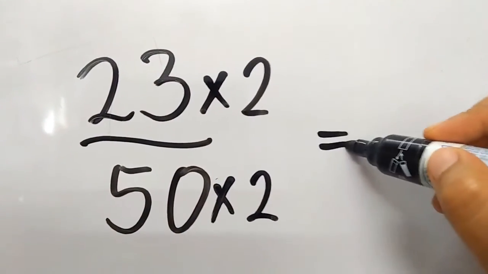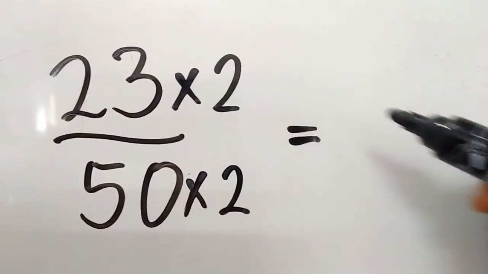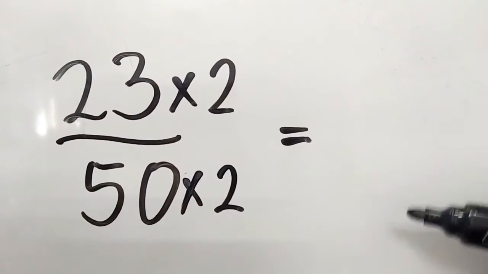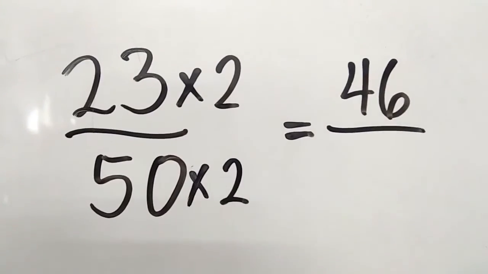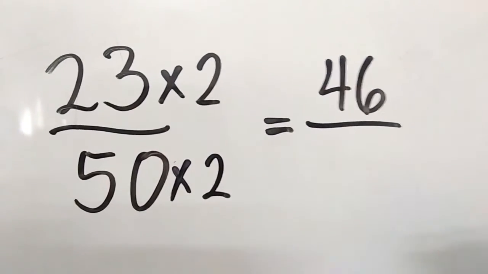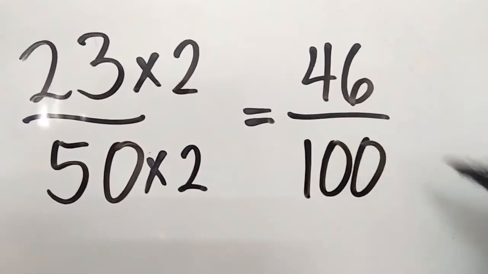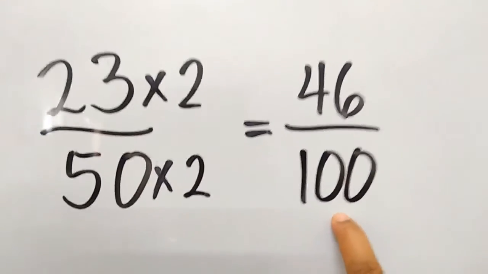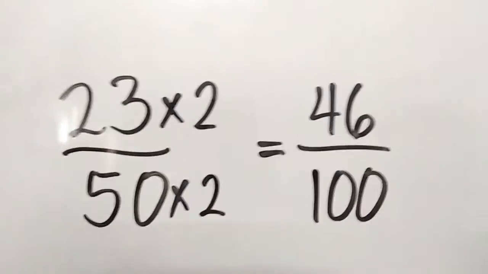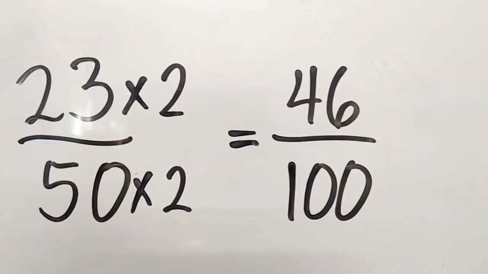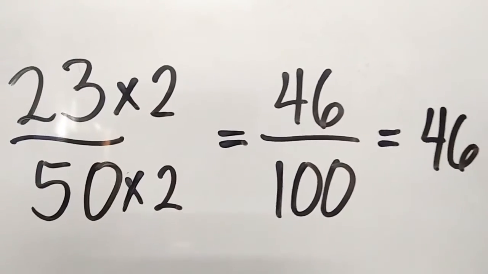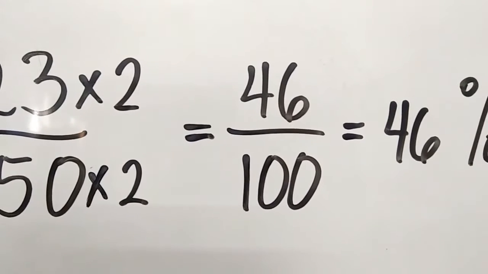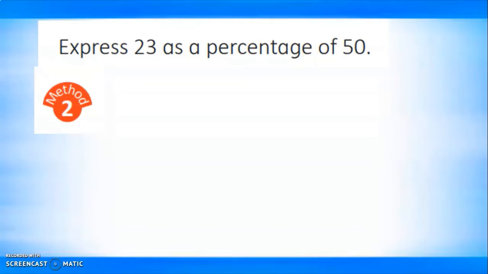So let's multiply. 23 times 2 is equal to 46. On the denominator, 50 times 2 is 100. Now the denominator is 100. It means, yes, the numerator will be the percentage. So it's equal to 46%.